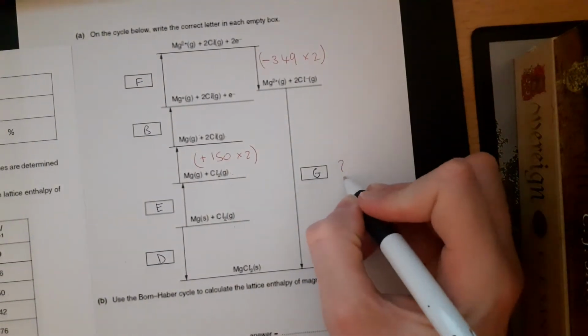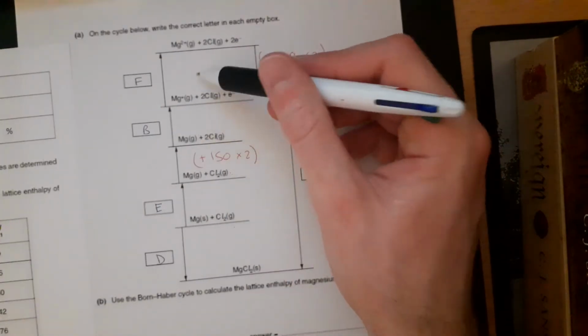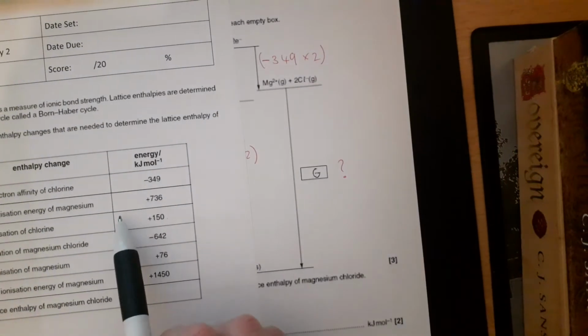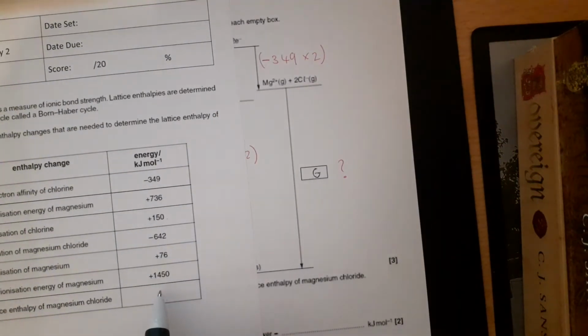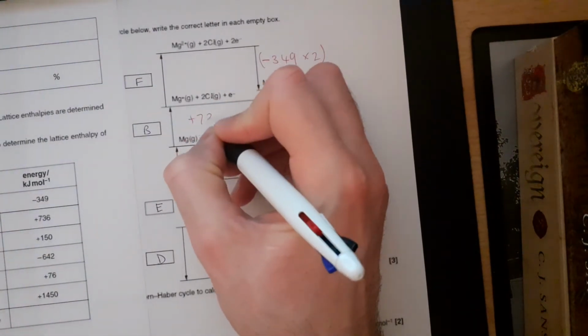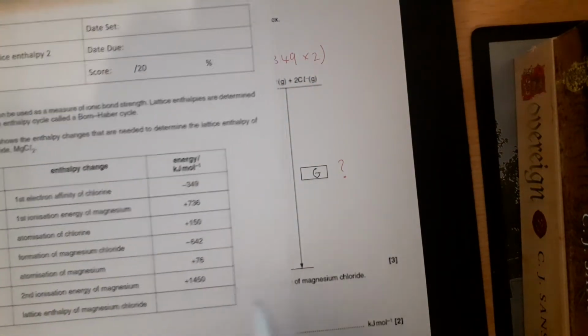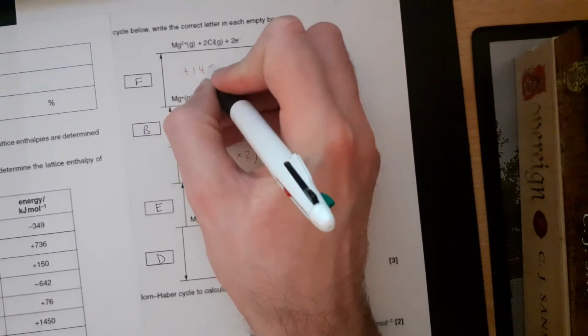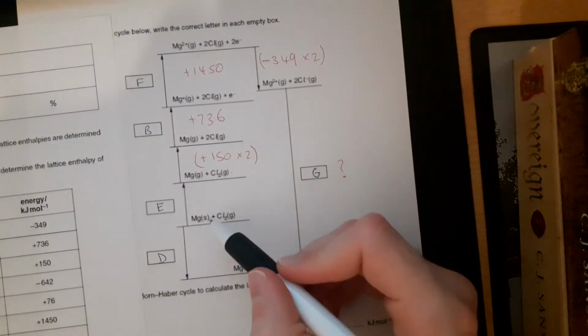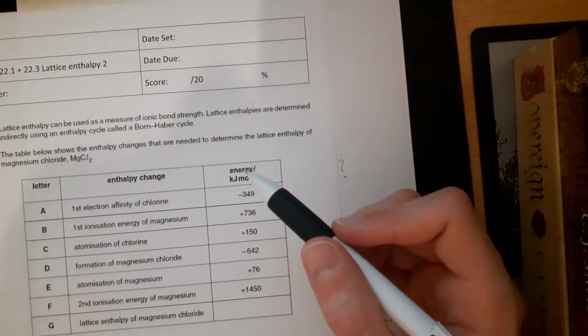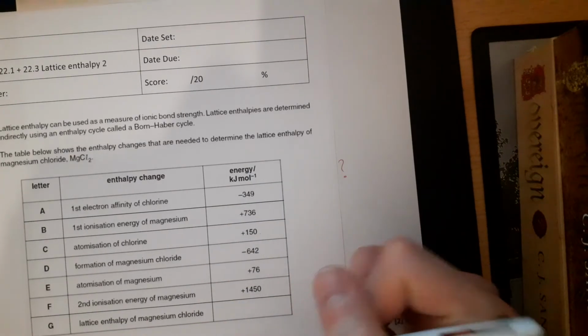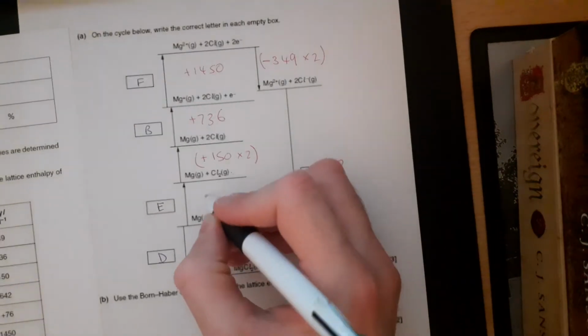Lattice enthalpy is the one we want to work out. So the 2 ionization energies are plus 736 and plus 1450. And then we've got atomization of magnesium, which is plus 76.